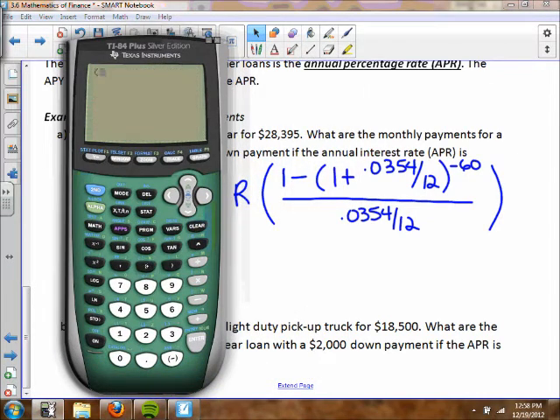So I'm going to take parentheses 1 minus parentheses 1 plus 0.0354 divided by 12. Carry that to the negative 60th power. Divide that by 0.0354 divided by 12. And you get this.